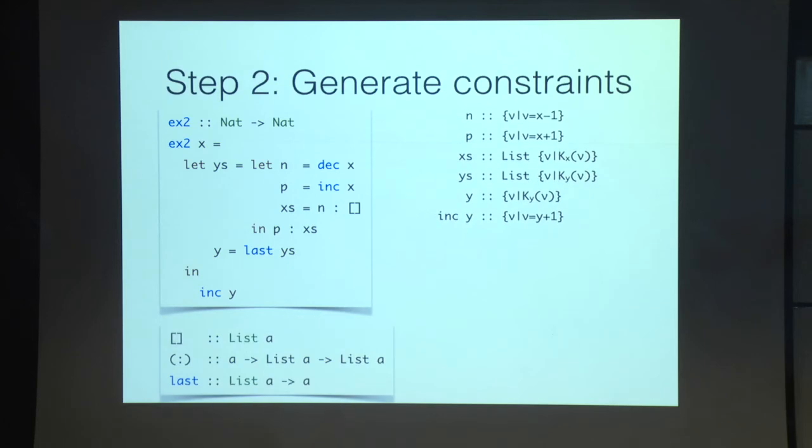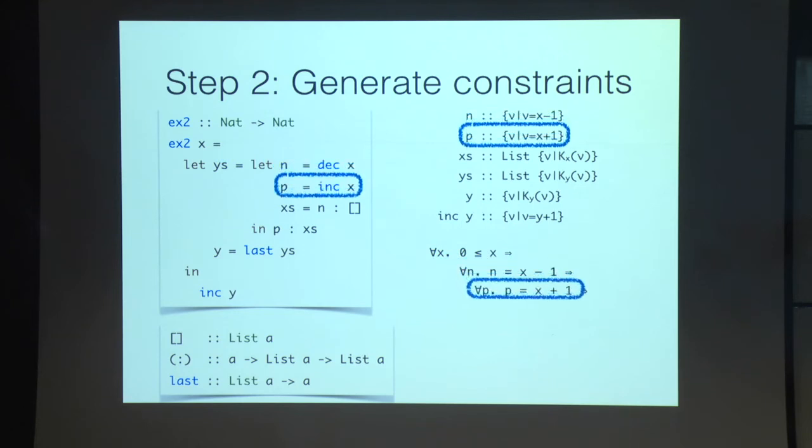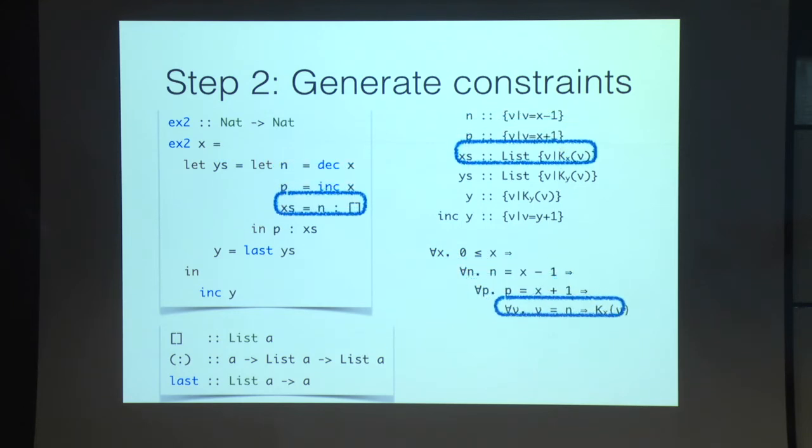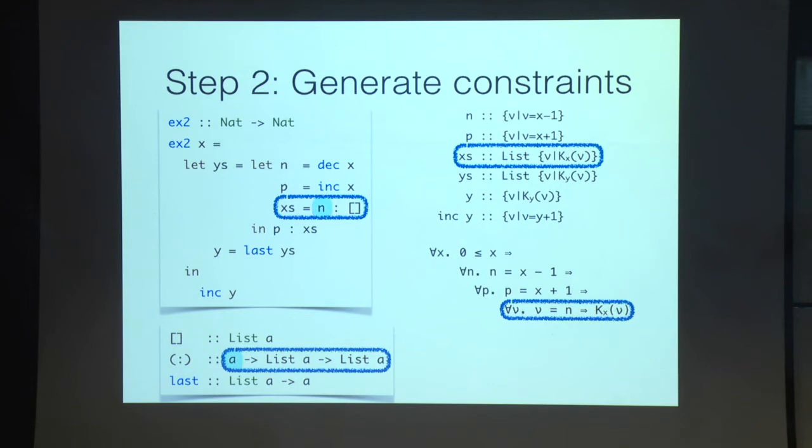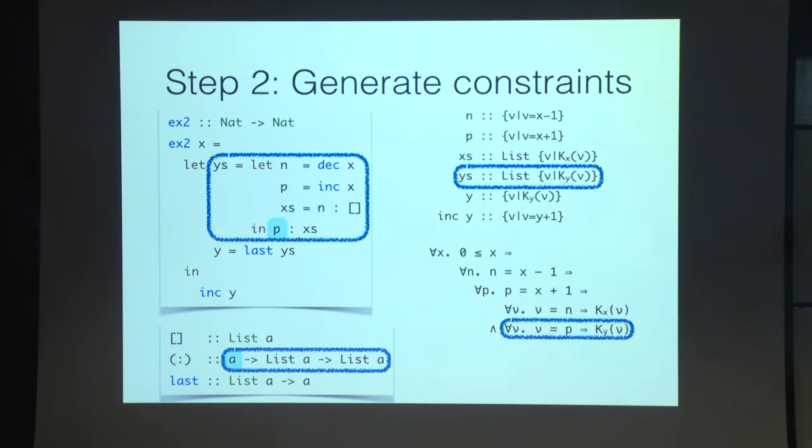Now to generate constraints, we have, in the case where x is a nat, and the facts that we know about n and p, all of those things imply that n is a valid element of xs, so a value being n must imply kx. And similarly, p is being put into ys, and so v equals p implies ky.